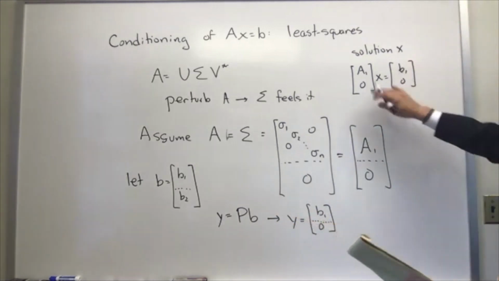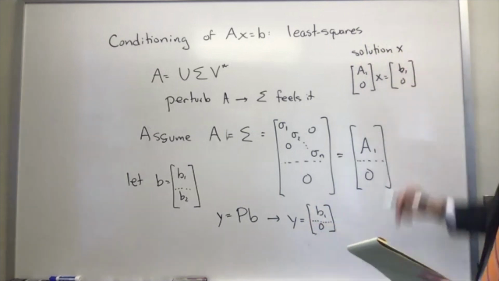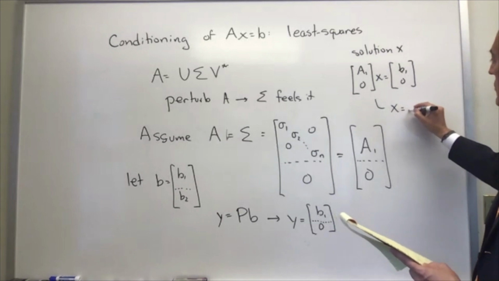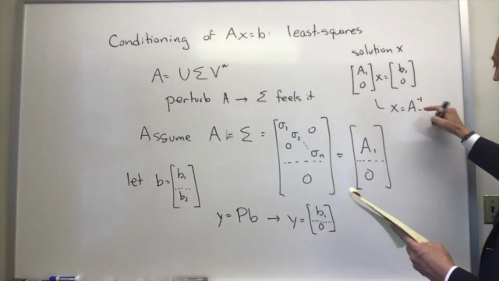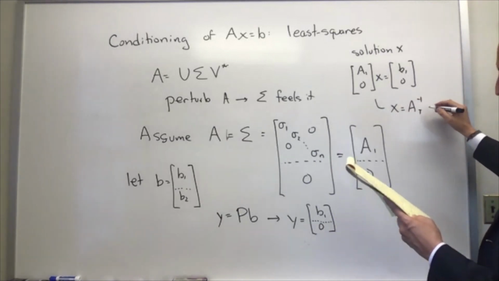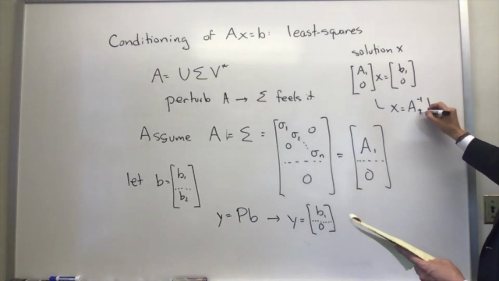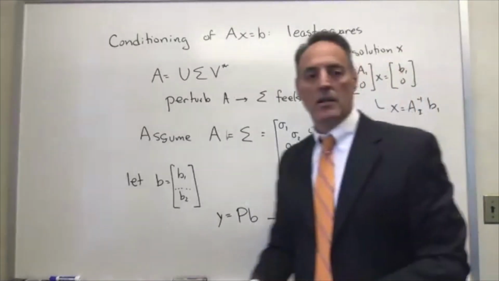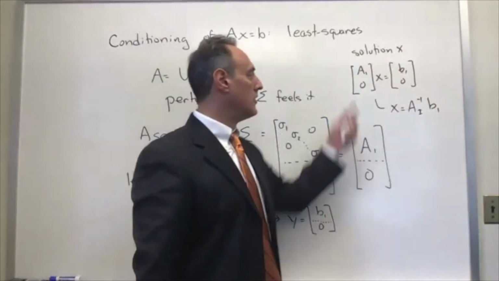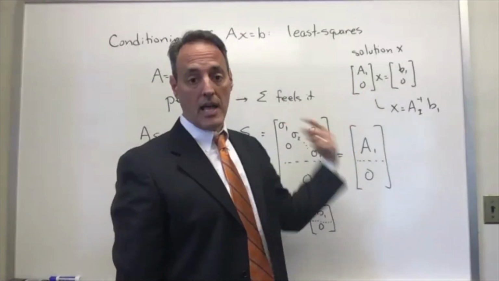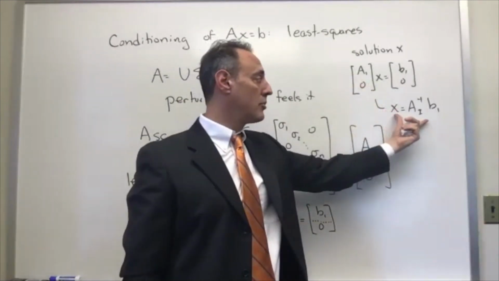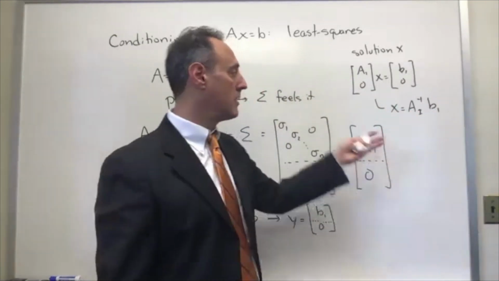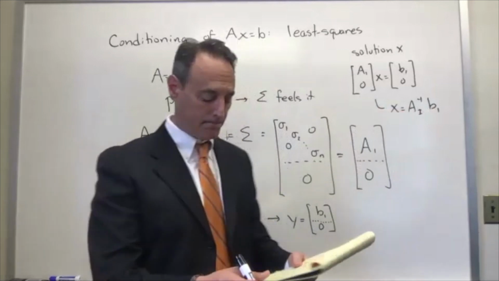So now everything is constrained to this n by n subspace whose solution is X equal to A1 inverse times B1. So in other words, this is the solution because in this space, this thing is non-singular. Remember, we made the assumption that A was full rank. So I've moved into a new space by the SVD where this holds. There's the solution. It's the inverse acting on B1.